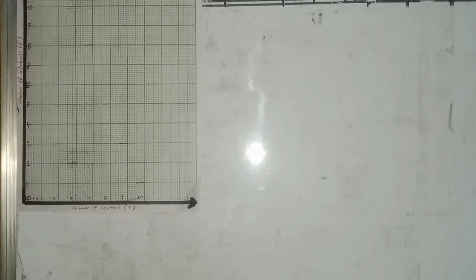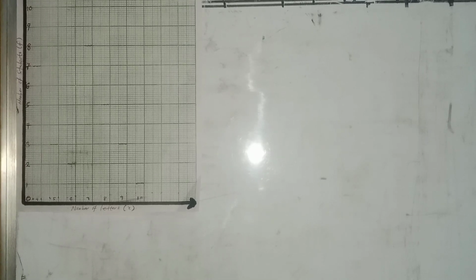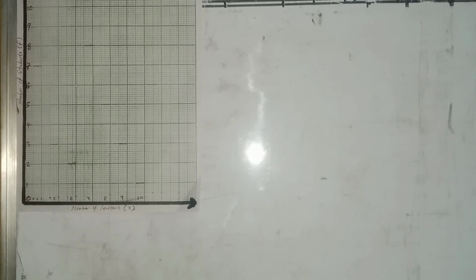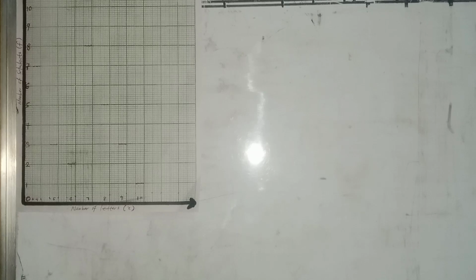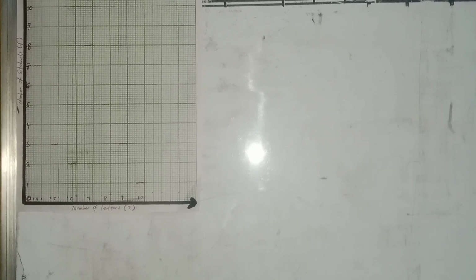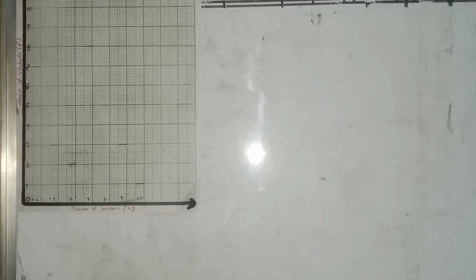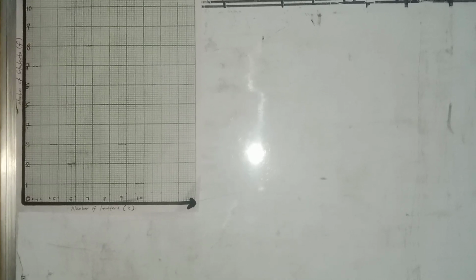We have number of letters. The first one is 4. So this is 4. And then the corresponding frequency is 7. So we are going to plot it.